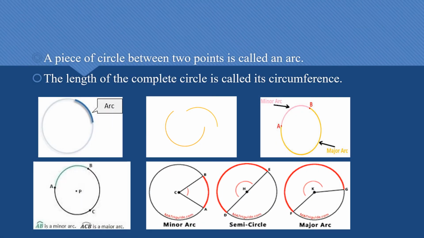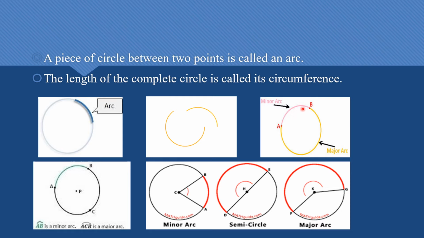Another term related to a circle is called an arc. A piece of a circle between two points is called an arc. The length of the complete circle is called its circumference. When we take 2 points on the circle, we get a small piece as well as a big piece, which we call the minor arc and the major arc.